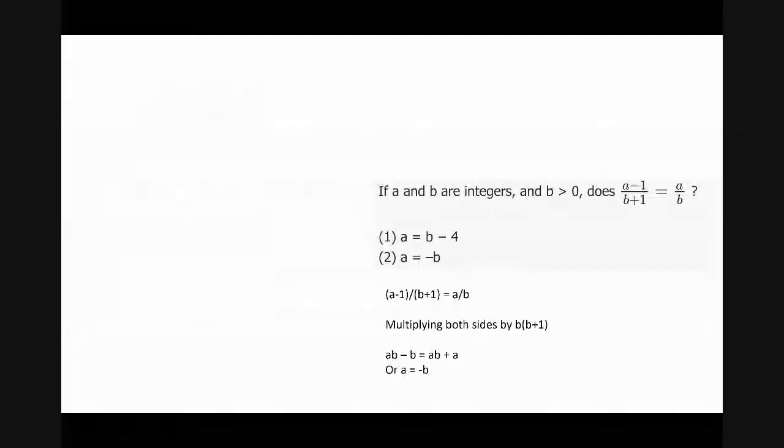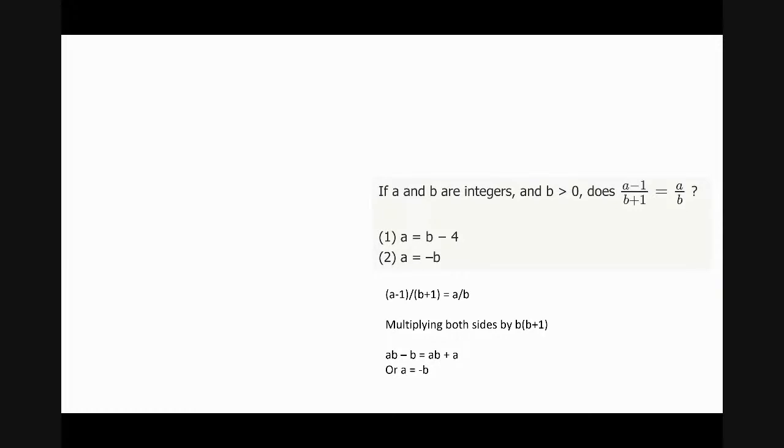So this is my question. I don't like (a minus 1) divided by (b plus 1) equals a divided by b, so I want to simplify it a little bit. I multiply both sides by b times (b plus 1), also called cross multiplication in some places. In that case, I have ab minus b equals ab plus a. Because b is not equal to 0, I can divide this whole thing by ab.